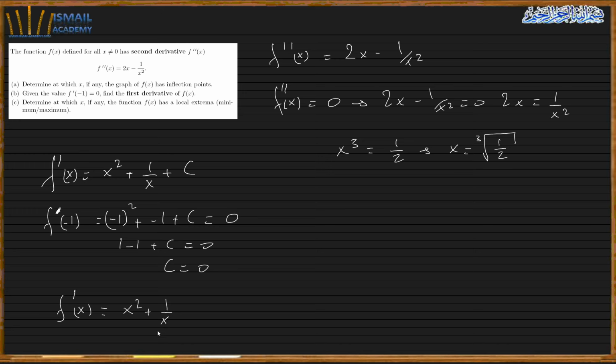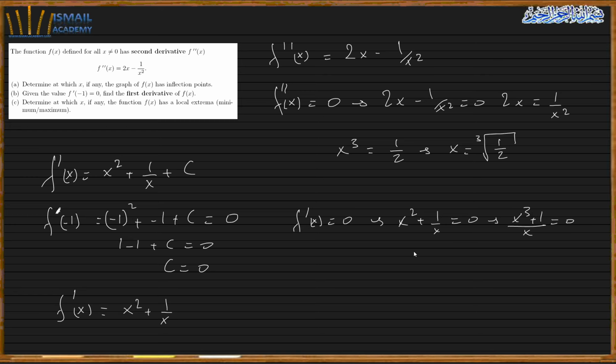Now determine at which x, if any, the function has a local maximum or minimum. So I need to set f prime of x equal to 0, so x squared plus 1 over x equals 0. Which means x cubed plus 1 over x equals 0.